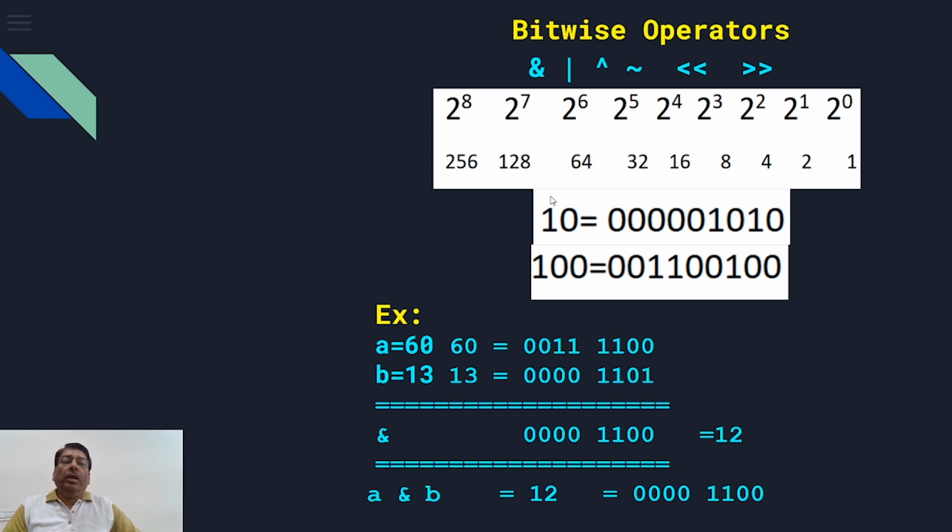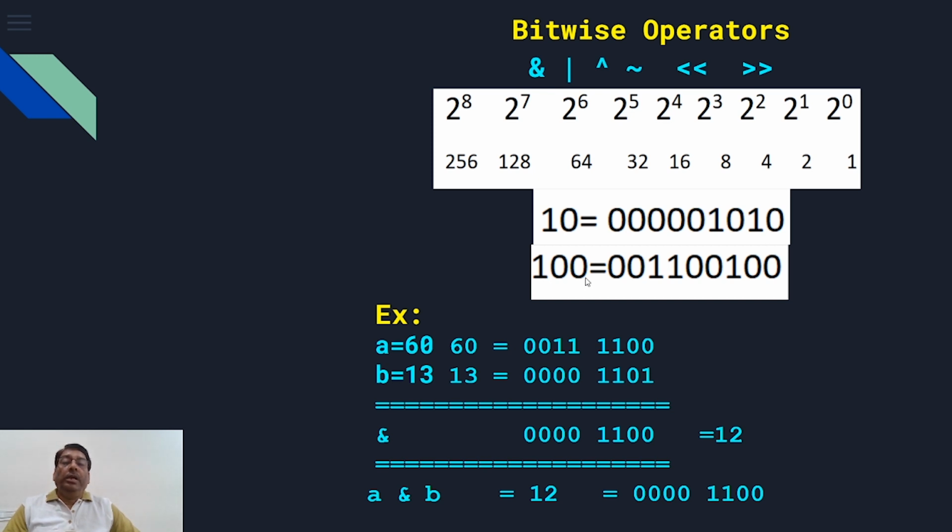If I want to write 10 in decimal as binary, I can write it in this fashion. 10 means I have to combine 2 and 8. So the fourth digit is going to be 1, and the second digit is going to be 1. The rest I am going to write as 0. This indicates 8 and this indicates 2, so this value happens to be 10.